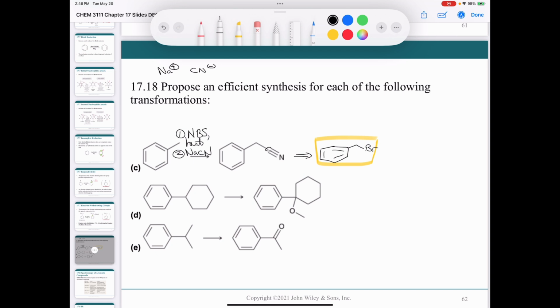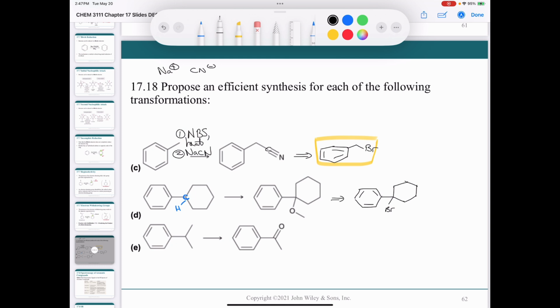In the second one, we're adding a methoxy group here, so we're synthesizing an ether, really, is what we're doing. But keep in mind that this carbon is attached directly to the aromatic ring, and so this proton is a benzylic proton. And so if we could make this compound, so if you just bear with me while I sketch it out, if we could make this tertiary alkyl bromide like that, then that would be susceptible to an SN1.